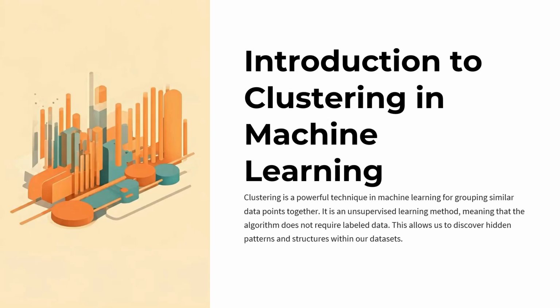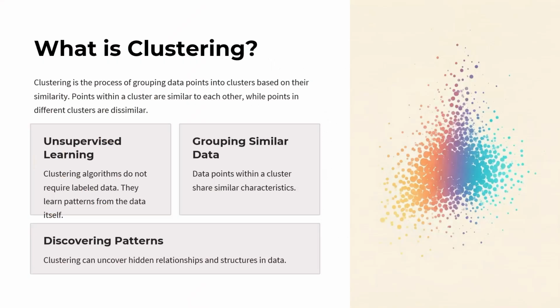Now we will move to the next slide that explains what clustering is. Clustering at its core is the process of grouping data points into clusters based on their similarity. The principle is simple. Points within the same cluster share similar characteristics, while those in different clusters are dissimilar. This process is particularly powerful because it doesn't require any prior knowledge of the data.